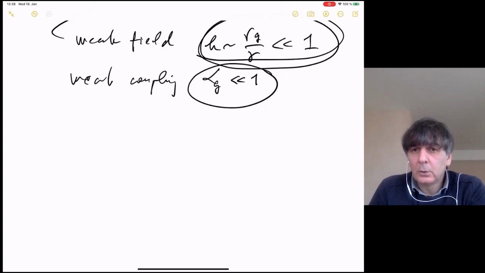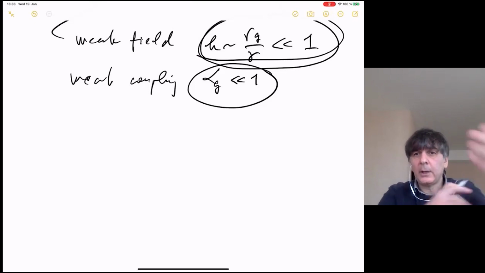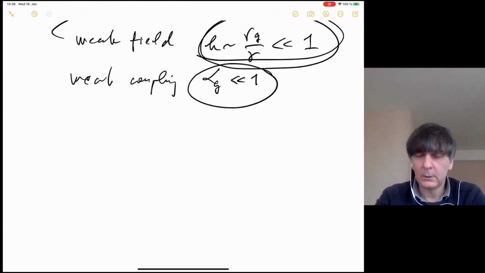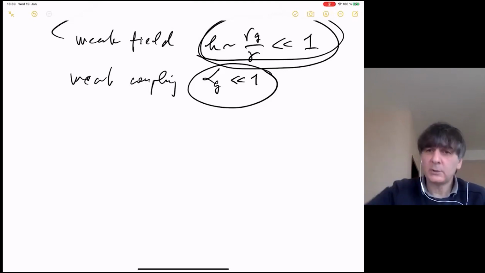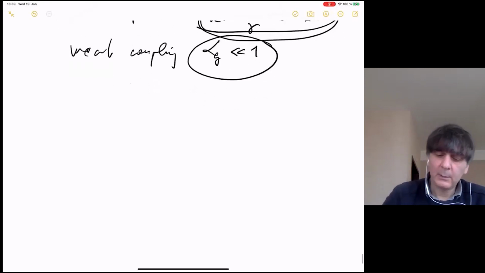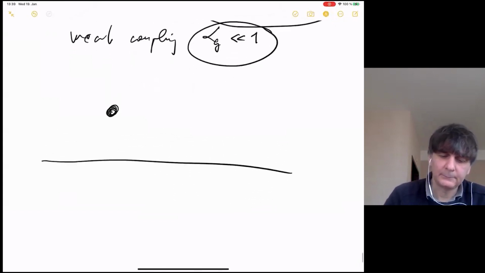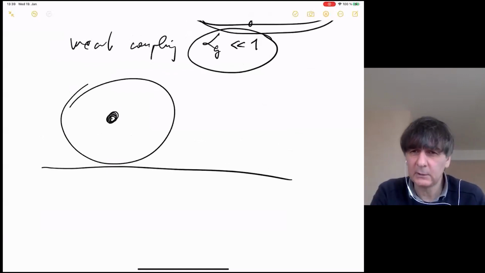So you can forget about black holes even and say, okay, I have this elementary particle, it produces a gravitational field. Let me roughly count the occupation number of gravitons in that field. This gravitational field has self-energy.